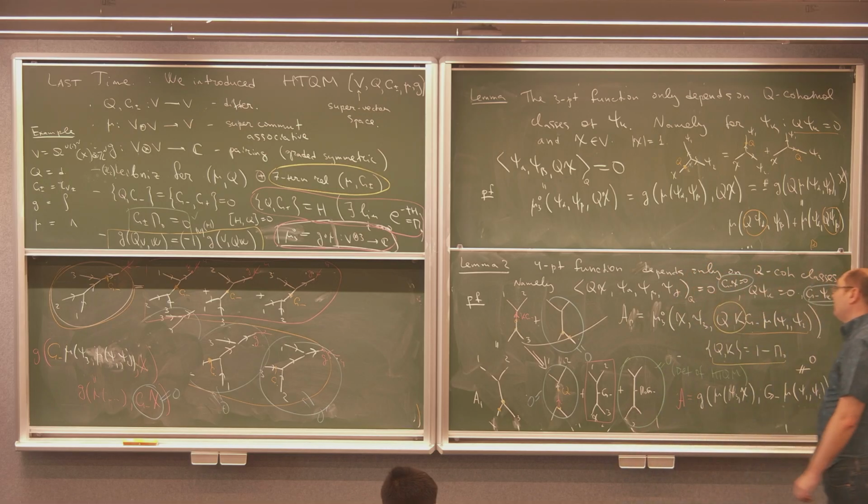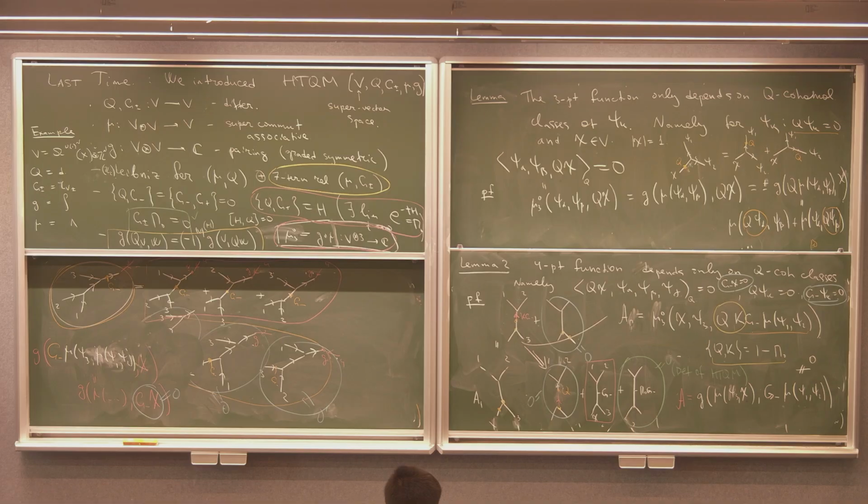So then we can naturally ask the question: what about 5 and higher point functions? Going from the 3-point function to a 4-point function required us to significantly modify our assumption by adding this additional assumption about the G minus action.